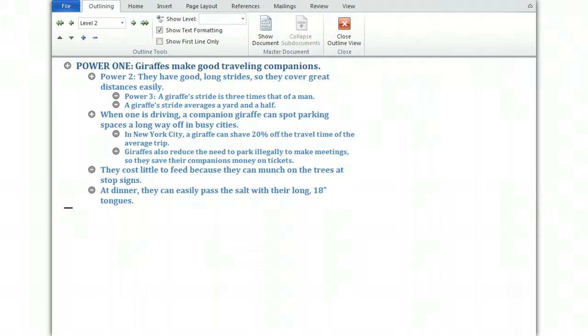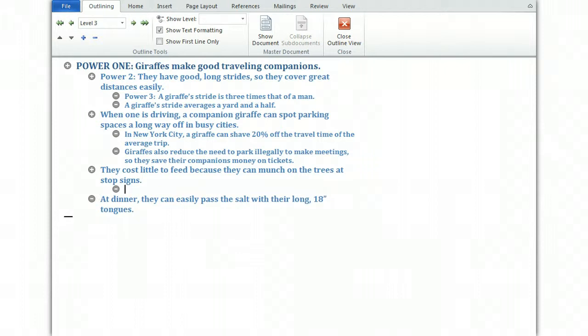Okay, they cost little to feed because they can munch on trees at the stop signs. Okay, this is about costing little to feed. Let's say that I hit the enter key and the tab key.